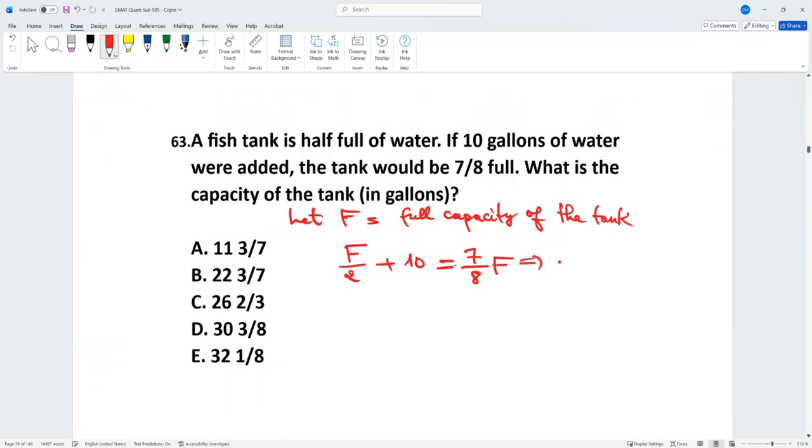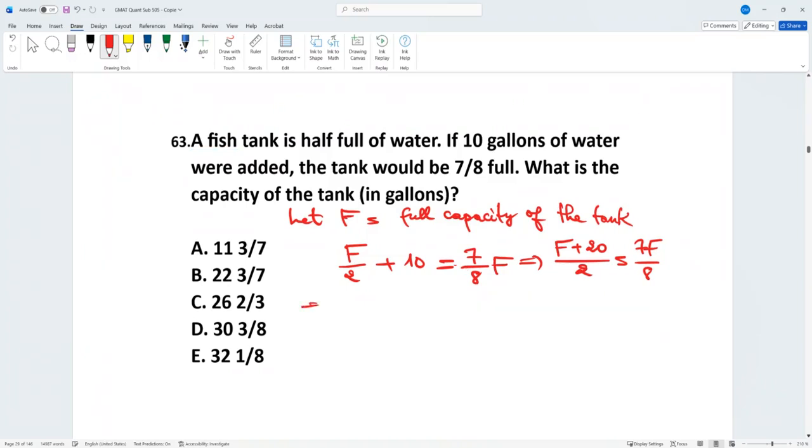Okay, so now if we are going to try to find the value of F, because what is the capacity of the tank in gallons, the full capacity? This will lead us to have F over 2 plus 10 equals 7F over 8.